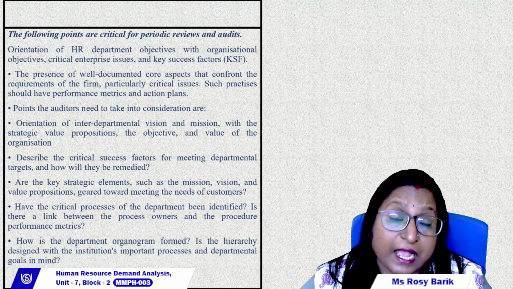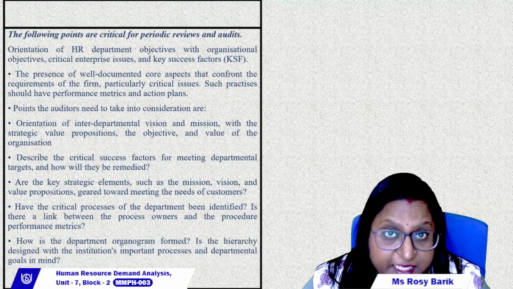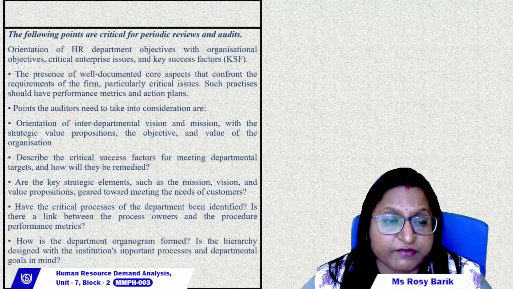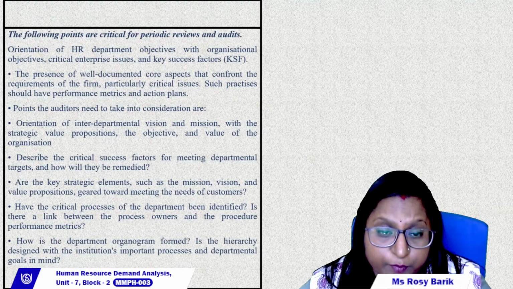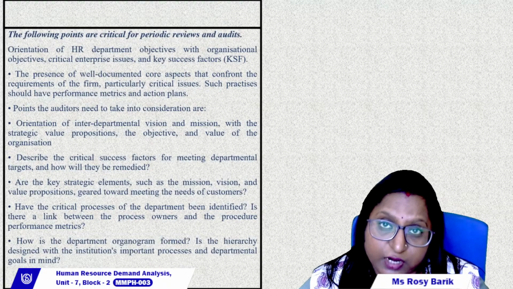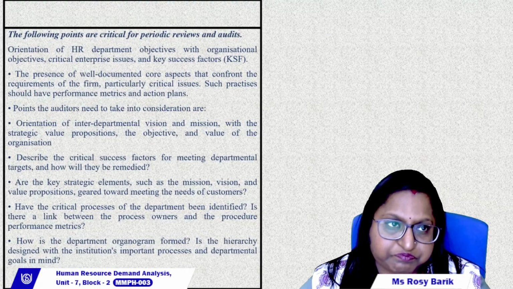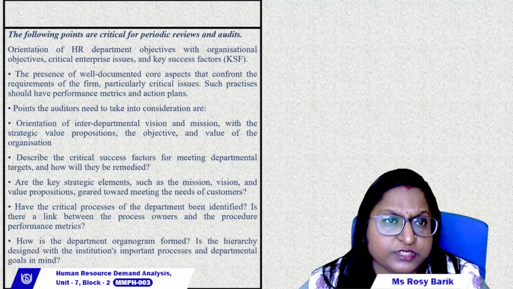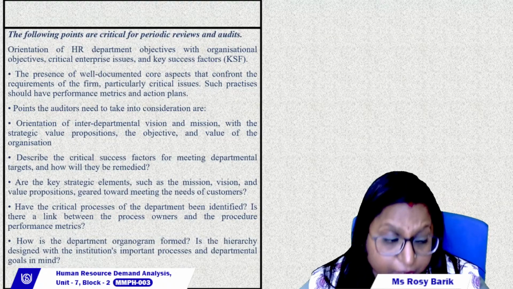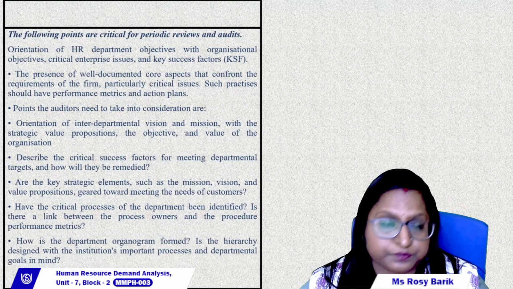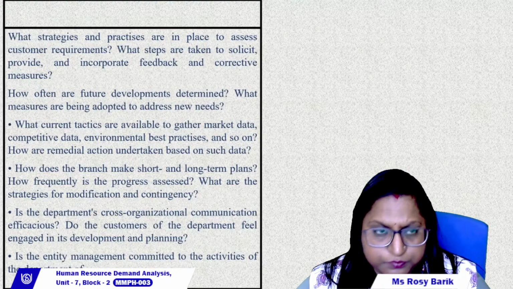And what is the hierarchy for reaching the organization, designed with the institution's important processes and departmental goals; what will be the goal of the department should be kept in mind. So these are the points which are very critical for the periodic review and the audits.